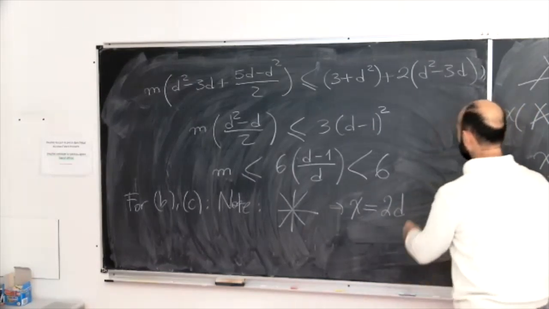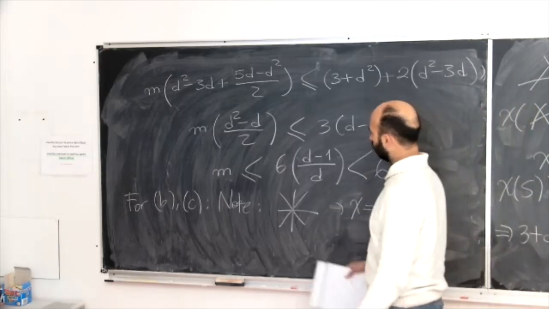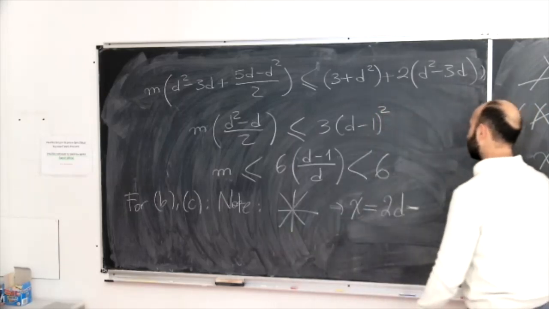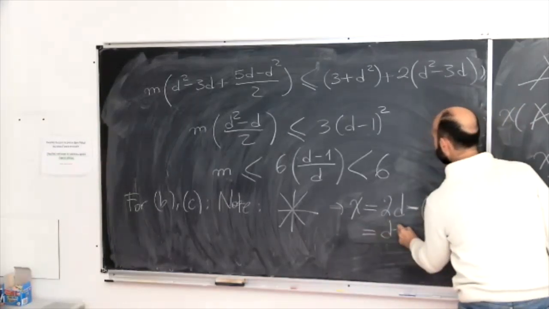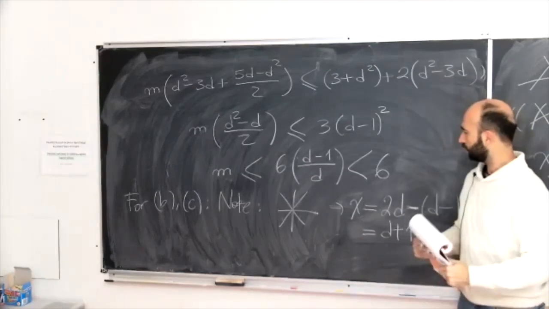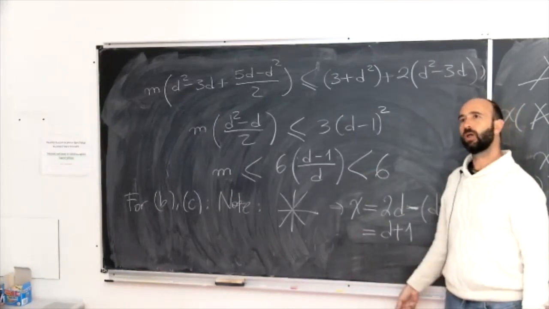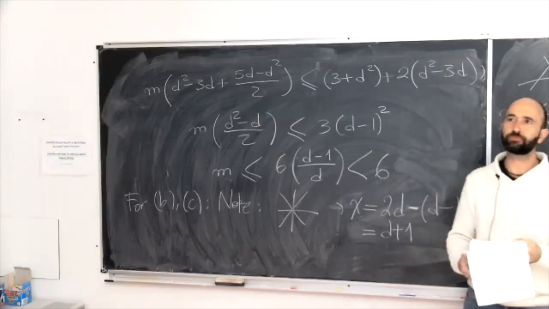But now the number that you have to subtract is not d choose 2. You just overcount the points d minus 1 times. So it goes all the way up to d plus 1. And if you go through the same inequalities using this calculation, then you get parts B and C.